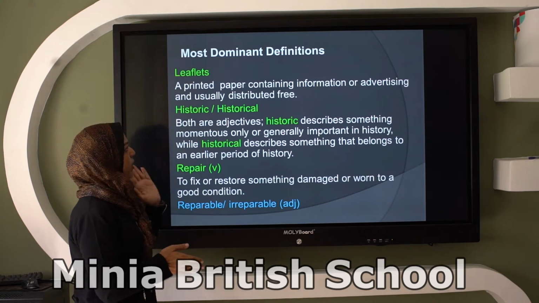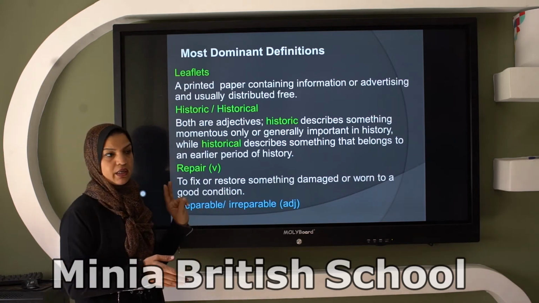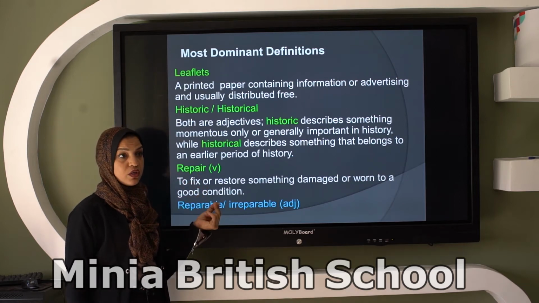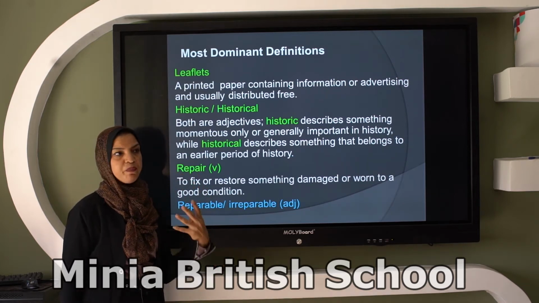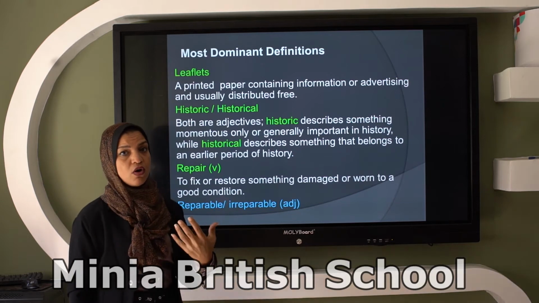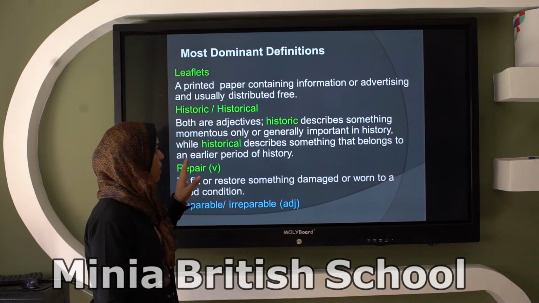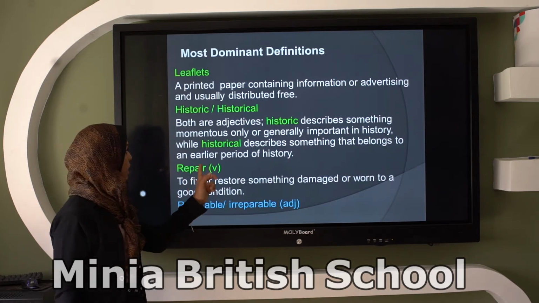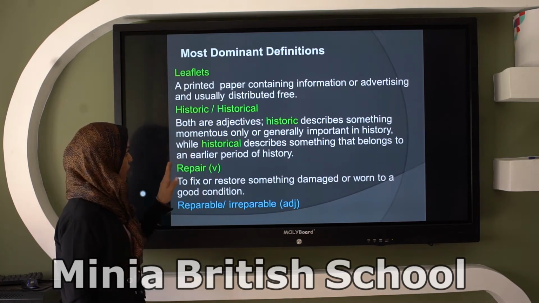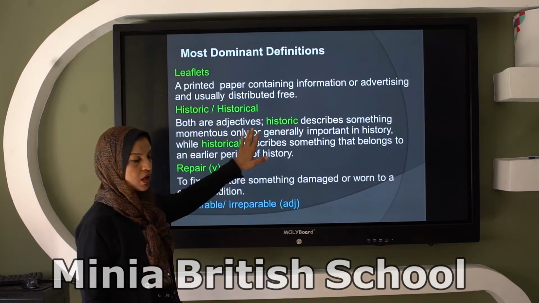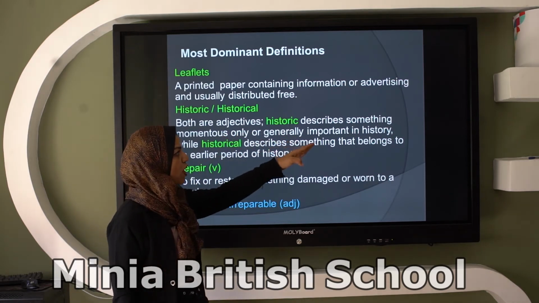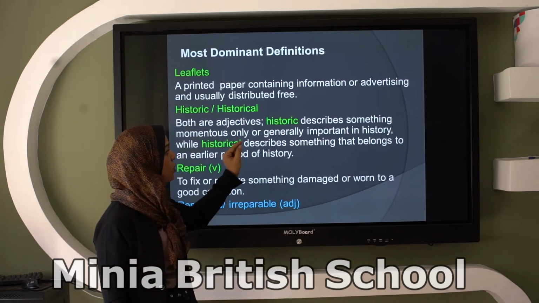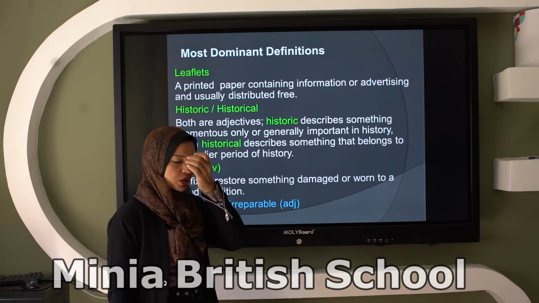Now historic and historical, and let's find out about the obstacle between these words concerning understanding. Both of them, as a matter of fact, are adjectives, but each one of them is used for a specific meaning. Let's look at historic. We said that both are adjectives. Historic describes something momentous or generally important in history.